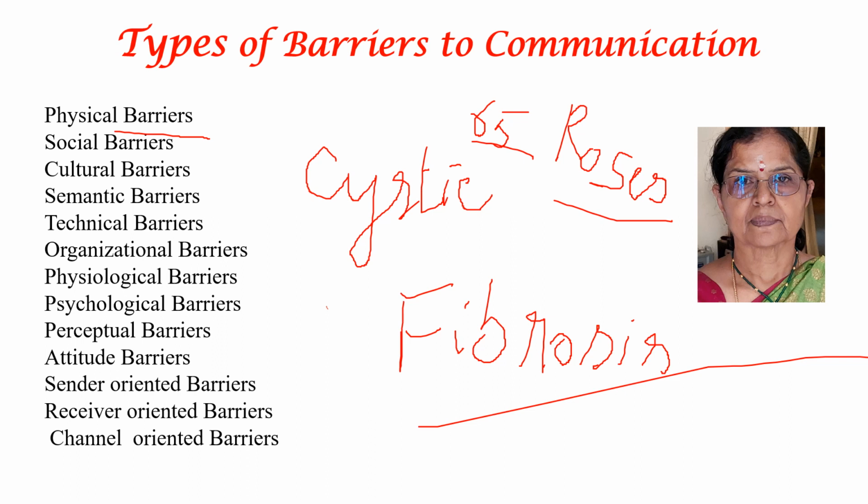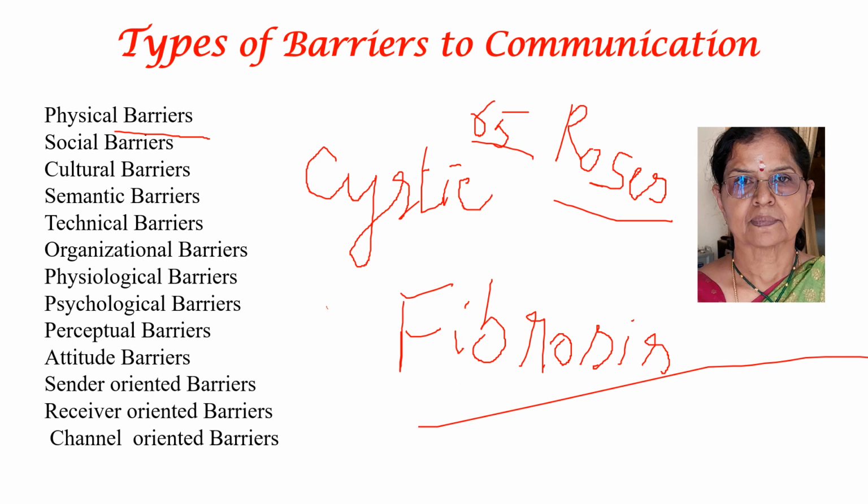Fibrosis, roses, 65 roses. So she was telling her friends and others, I am having 65 roses in my body. Even though it sounds funny or humorous, it was a pathetic situation for the girl to suffer from such a dreadful disease.